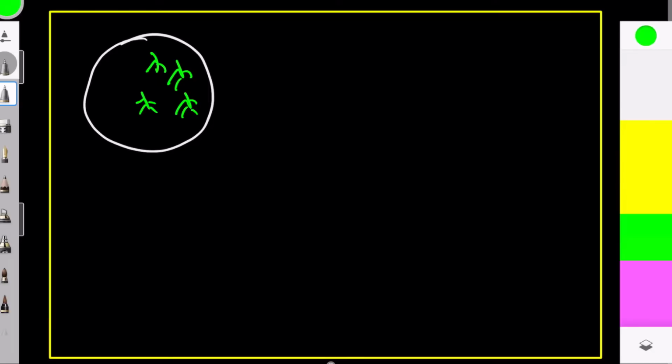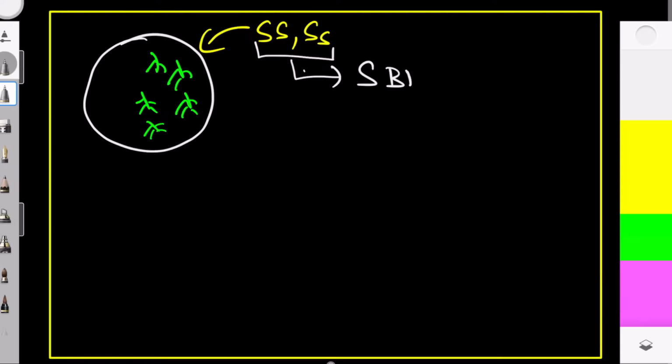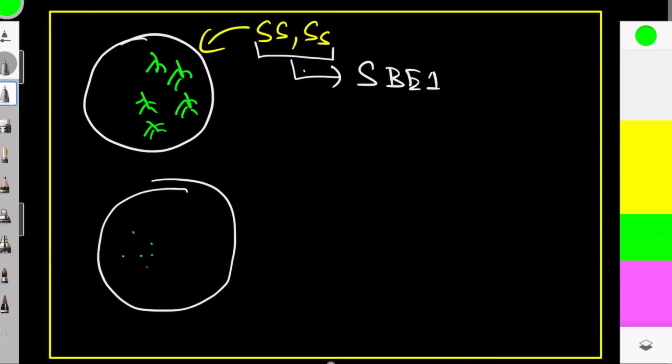Here in this condition, these are being synthesized when you have the genotype, let's suppose capital S, capital S, capital S, small s, meaning here I am representing the presence of this enzyme SBE1. Now let's take another situation. Here you have the seed, and here we have more number of these sucrose molecules, more.